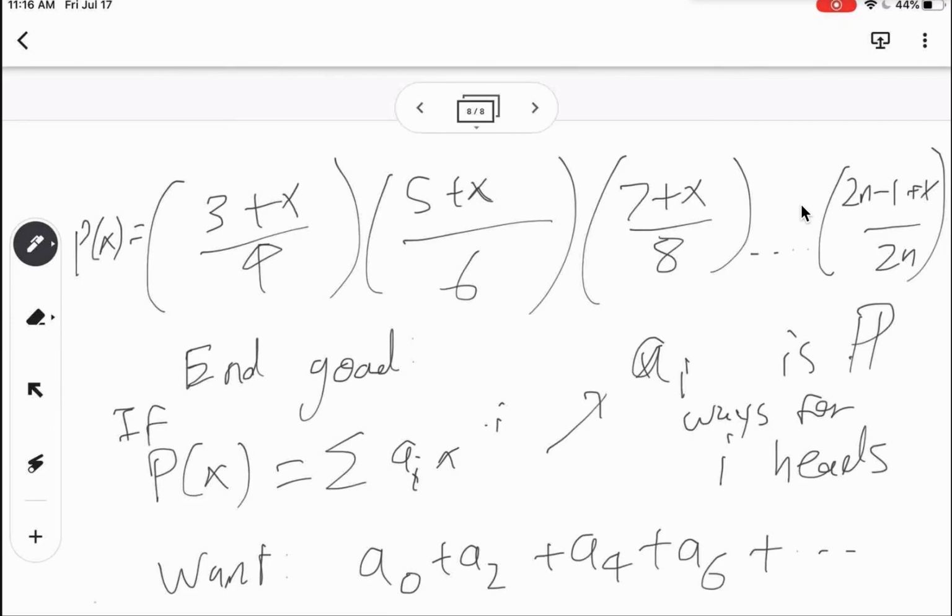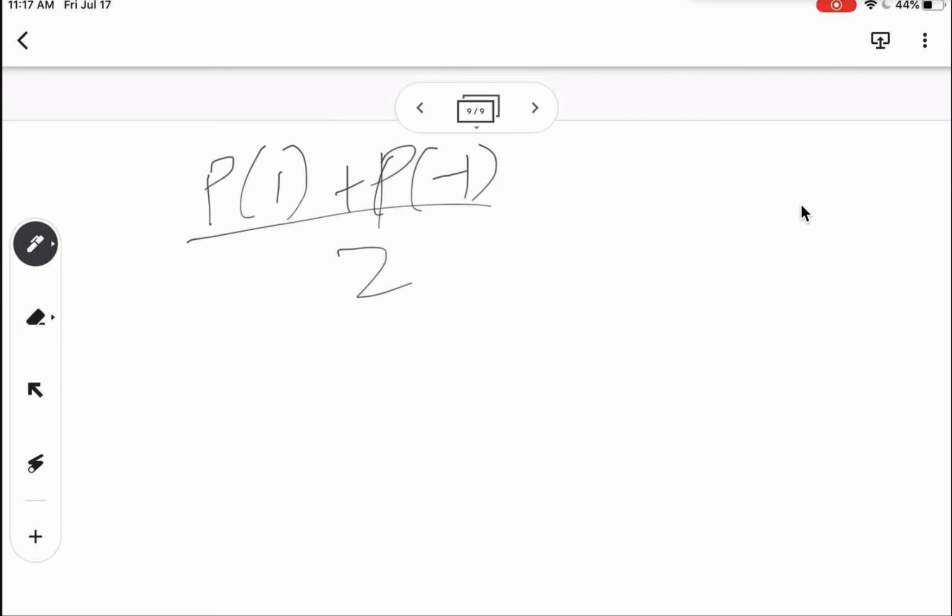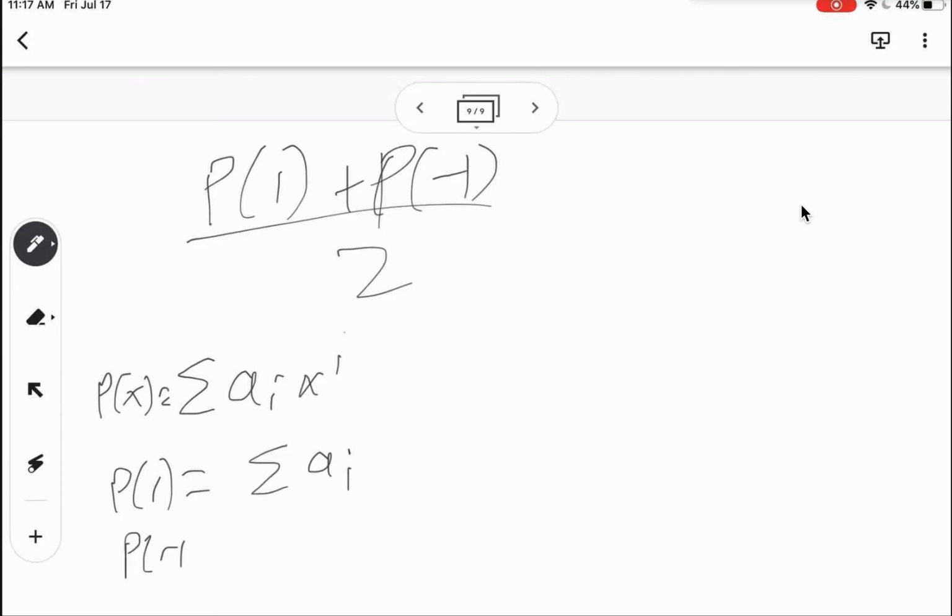If you know your polynomial tricks, what this really is, is P of 1 plus P of negative 1, over 2. Because if you have a polynomial with terms a_i x to the i, then P of 1 equals the sum of the a_i, and P of negative 1 equals the sum of the even-index terms minus the sum of the odd-index terms.